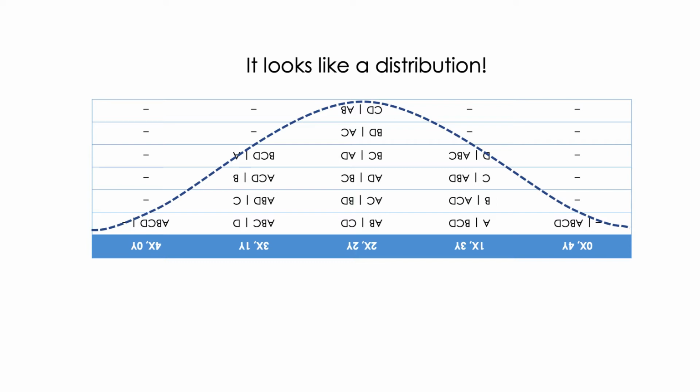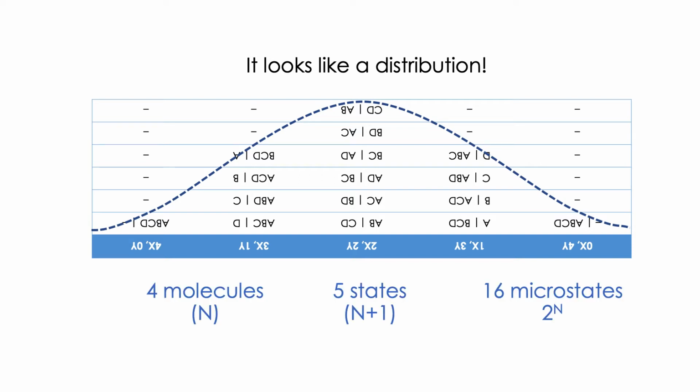Indeed, what this is giving us is a distribution of states along the possible macrostates. So we have 4 molecules, 5 macrostates, and 16 microstates that are distributed in the way that we just saw.